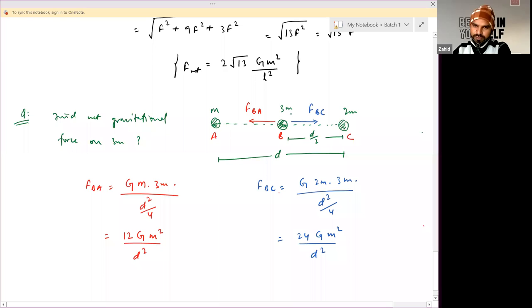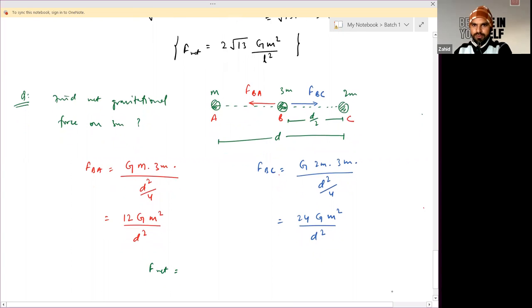Now, as these two forces are acting on this 3m in opposite directions, the net force will be, which of the two forces is stronger? It's force on B by C. So F on B by C minus F on B by A. This is 24 gm squared by d squared, and this is 12 gm squared by d squared.